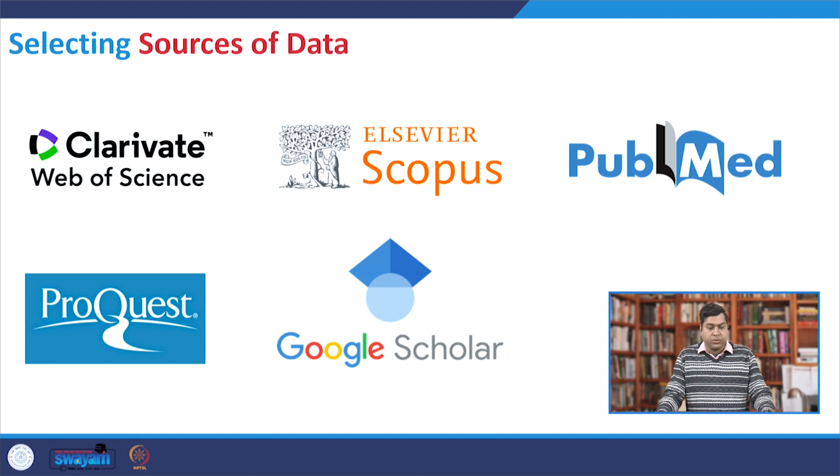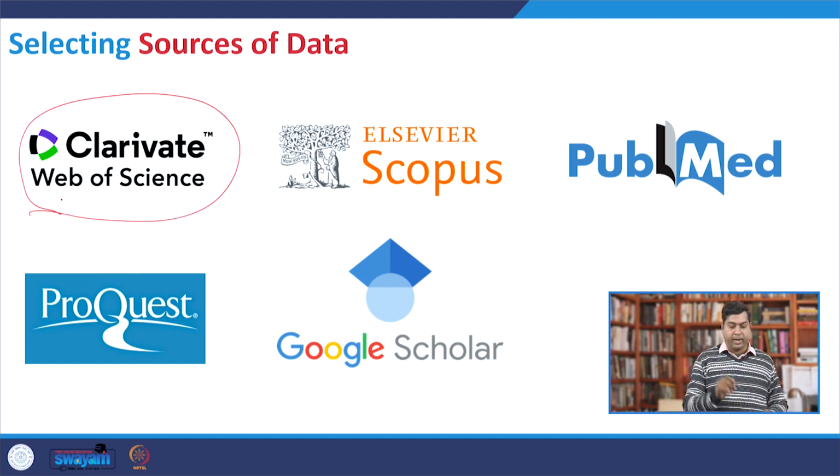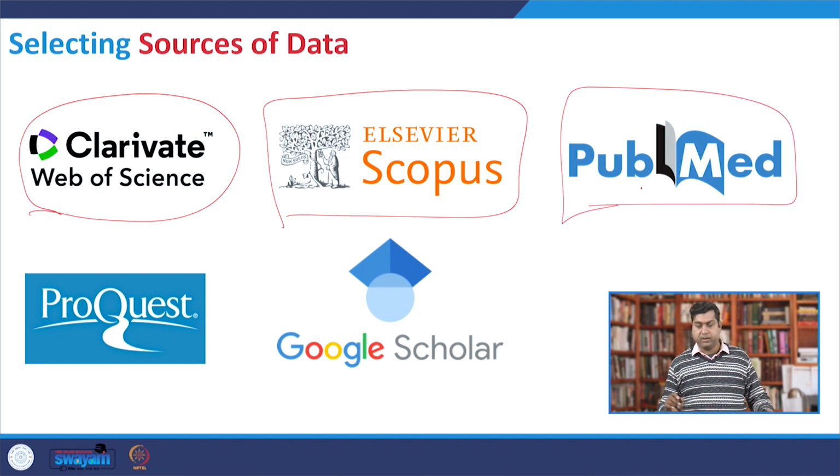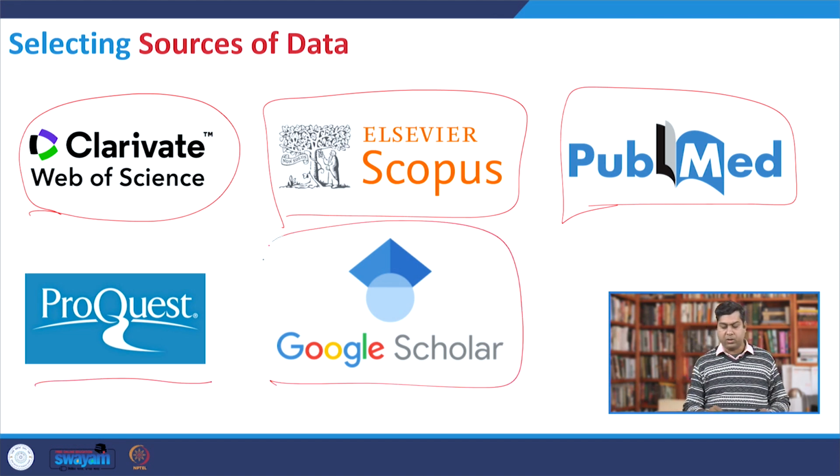Now, selecting the source of data. We have Web of Science, and the good point is that access to the database is free as of now. Then Scopus needs a subscription, and then you have PubMed, for medical-related research, though other research you can get here also. You have ProQuest and then Google Scholar, which is also a free database.